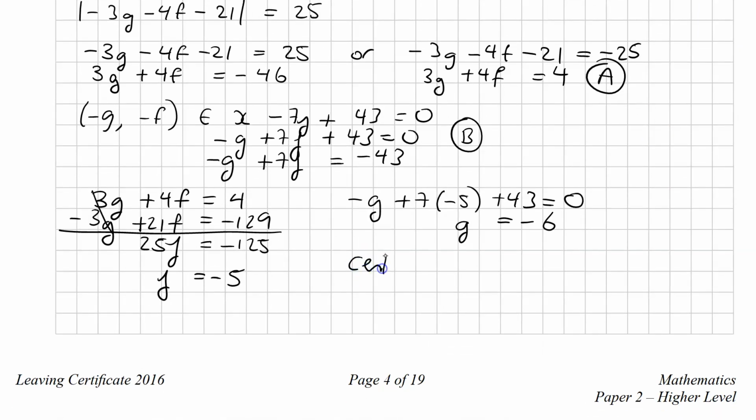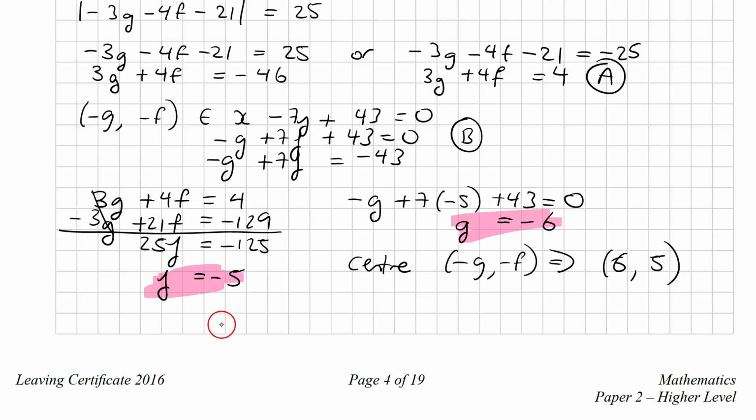Our center is minus g, minus f, so watch your signs there. We found g and f, so we needed to change the sign of those. We got 6 and 5.